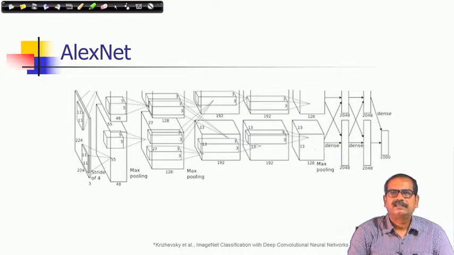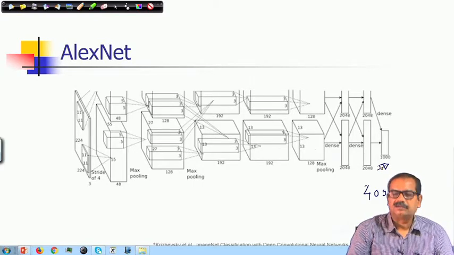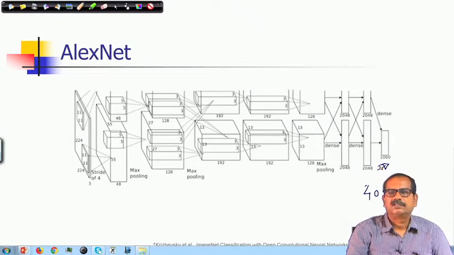Finally, you can see that the feature representation you are getting has 4096 dimensions, and that is finally classified into the 1000 nodes. So, this is how this classifier is used.